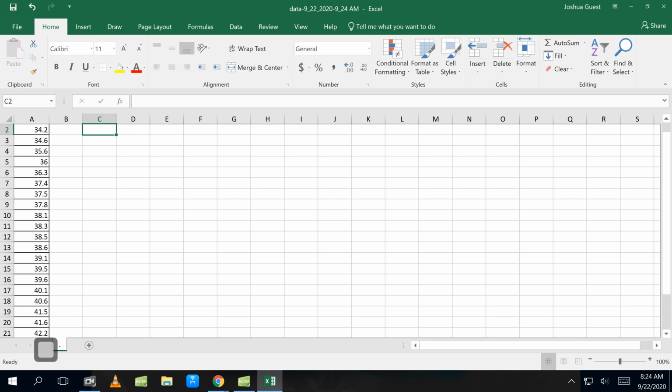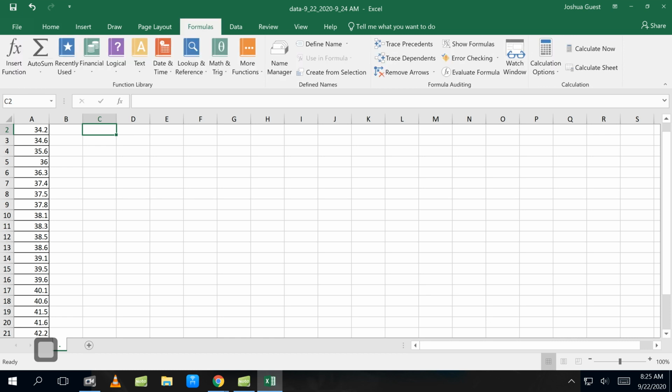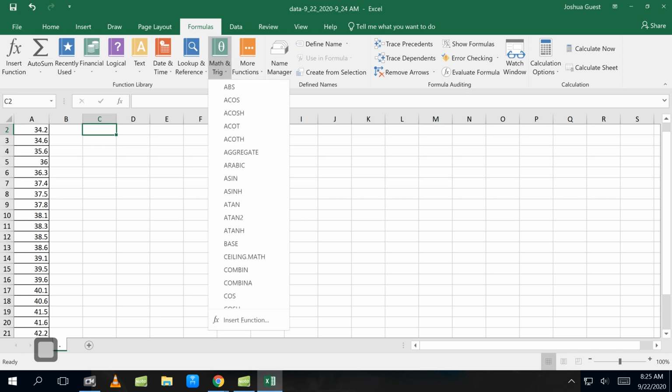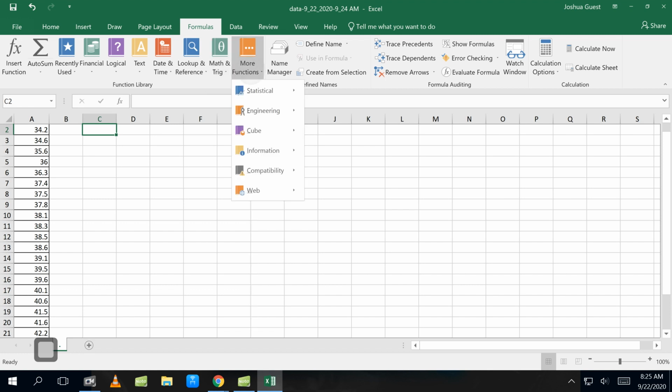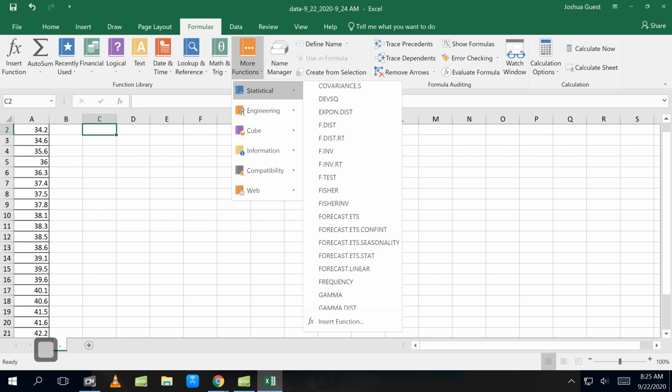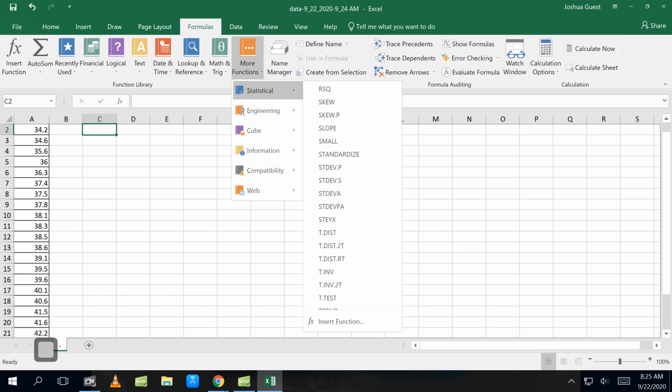Let's see. Formulas. You see statistical. Let's go into the S's and see if it's like STDEV or something. All right. Do I not see statistical? Am I looking right? There it is. So look at standard deviation here. All right, standard deviation.